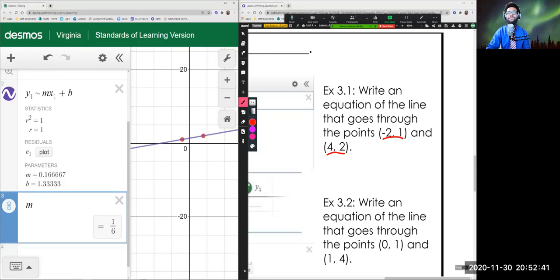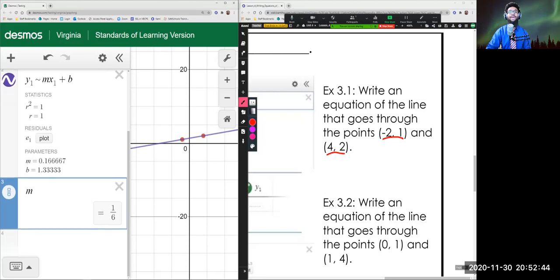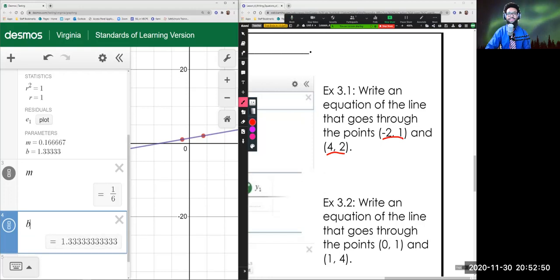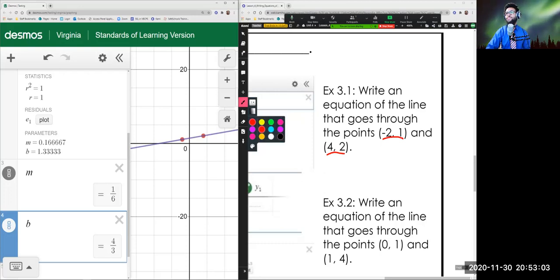Woohoo, there we go. Now we don't have this weird, crazy looking decimal to work with. But we're not quite done yet. Since we also need a value for our b, we're going to type in b, and this gives us another crazy decimal. We're going to click this little symbol in Desmos to change the decimal into a fraction, and we're going to use these values as we write our equation.